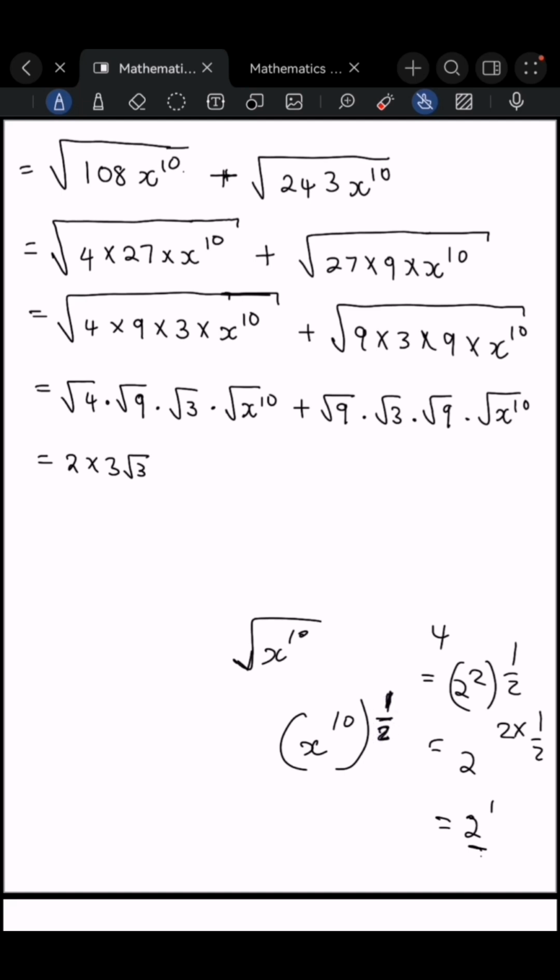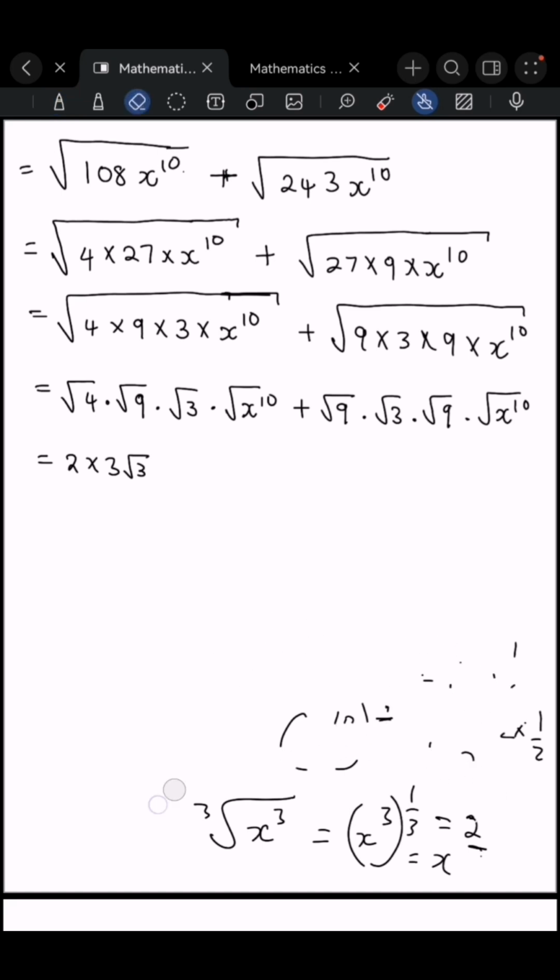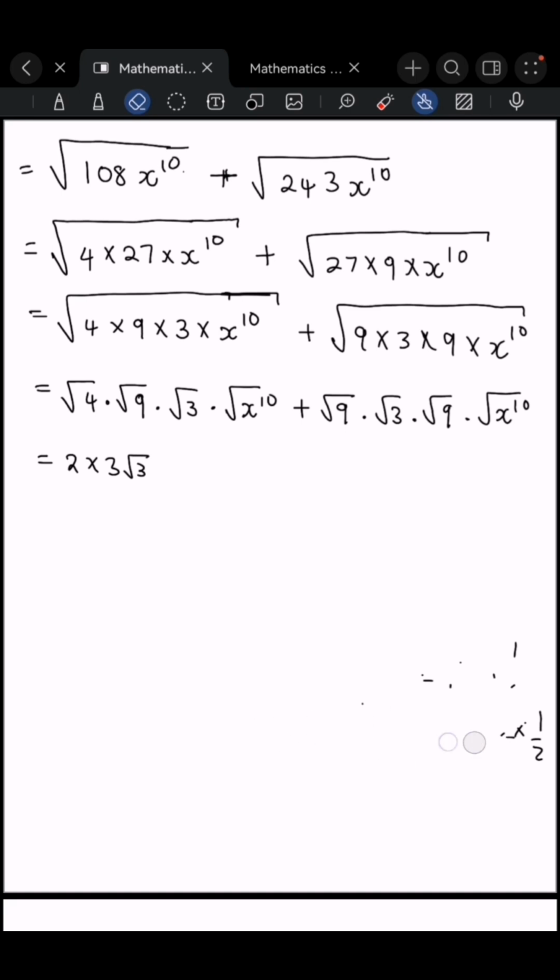Just like the cube root of x, let's just say, cubed. The cube root will be equal to x raised to the power of 3 times 1 over 3, which is just going to be x. Right. So if we come here, we say, all right, understood. Then what is going to be the square root of x raised to the power of 10?